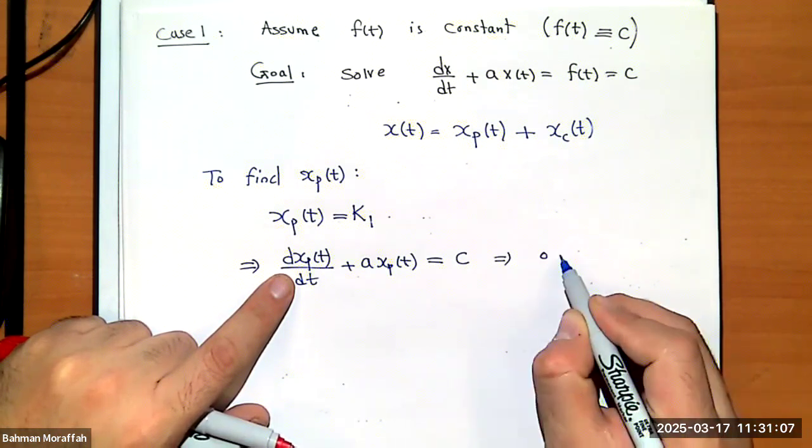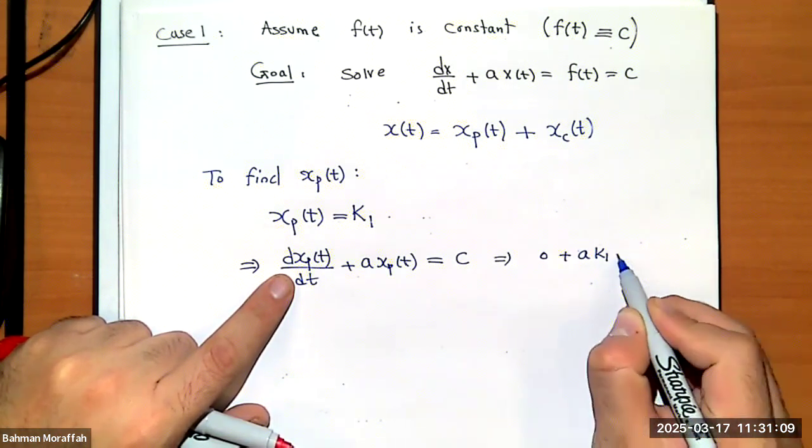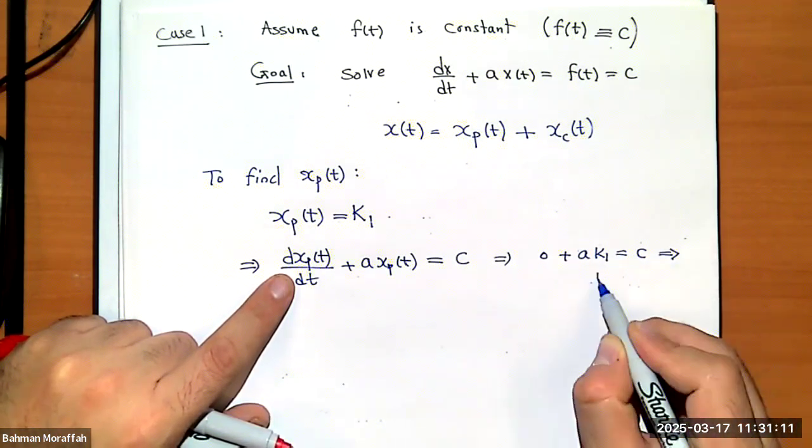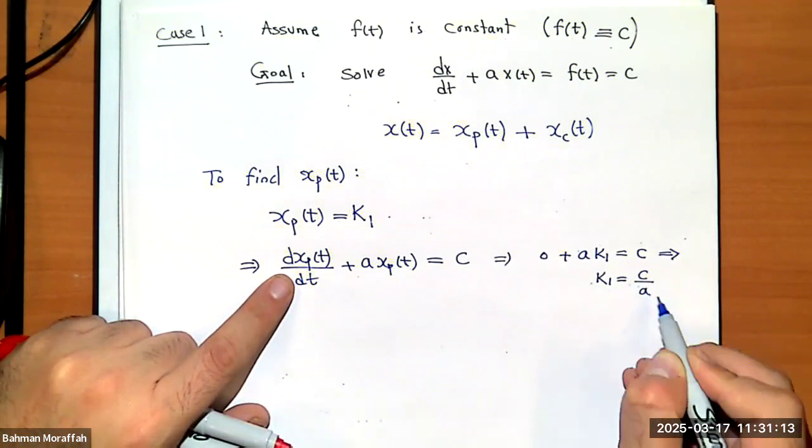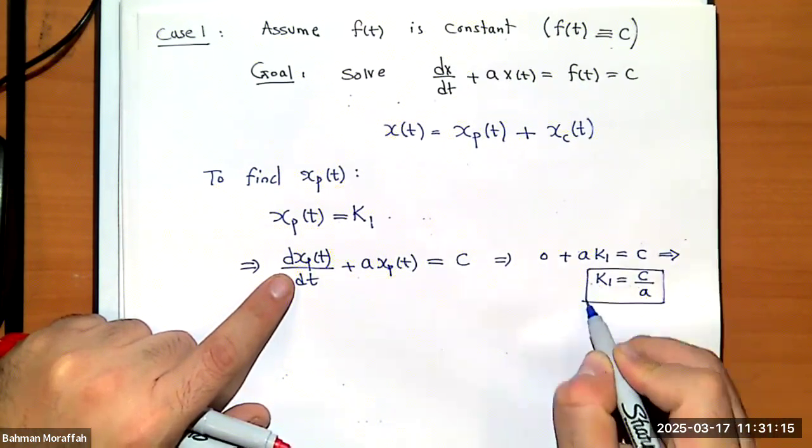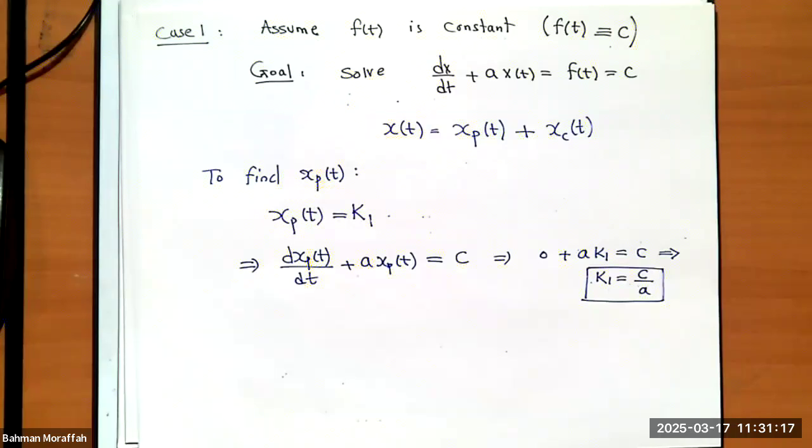So I have 0 plus a times k1 equals c. Therefore, k1 is c over a, right? So I found the constant. How about the complementary solution?